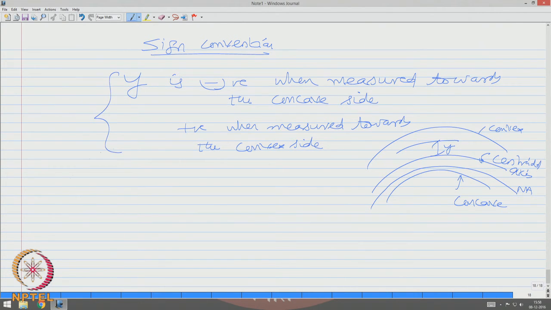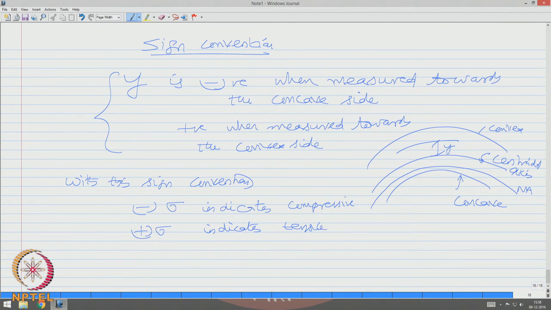So, with this sign convention, we say negative stress indicates compressive stress and positive stress indicates tensile stress.